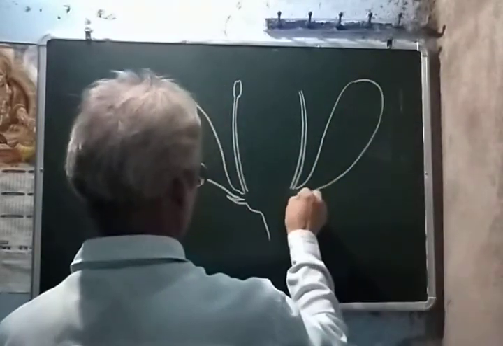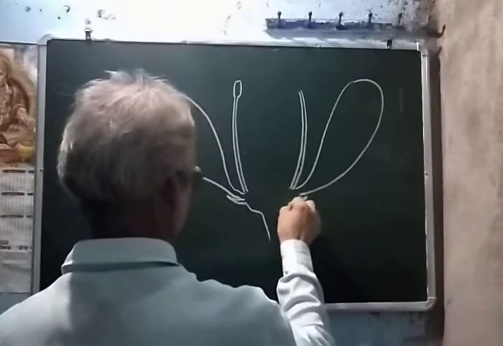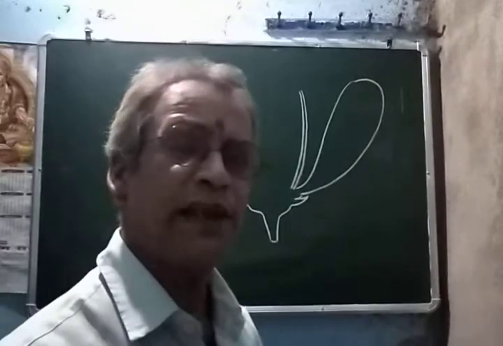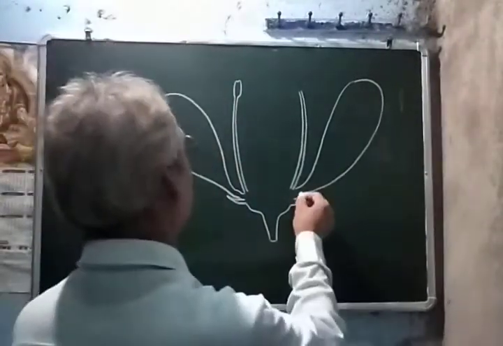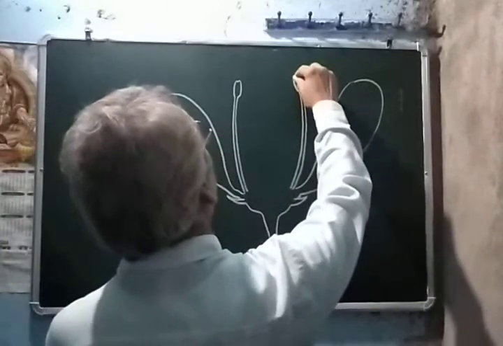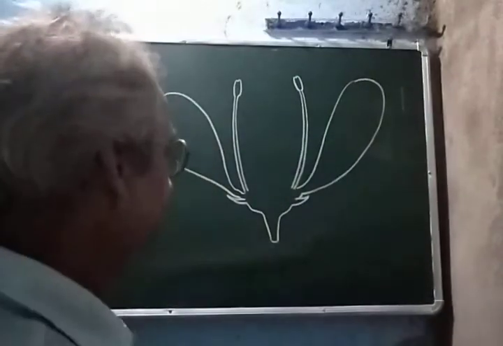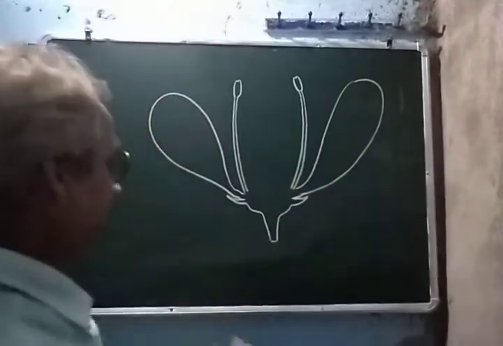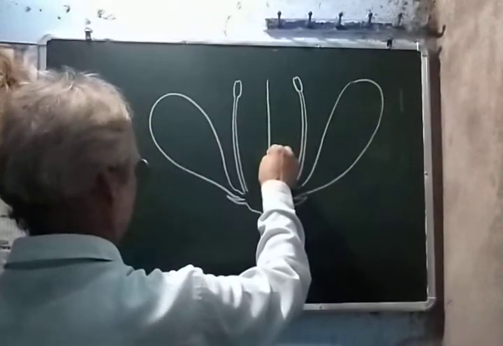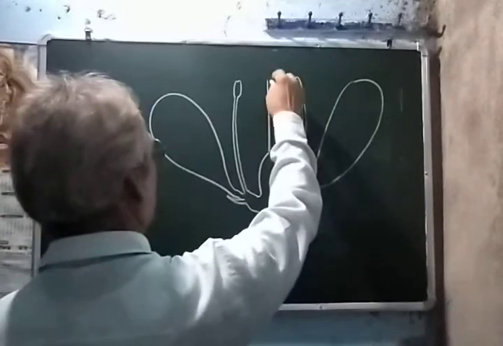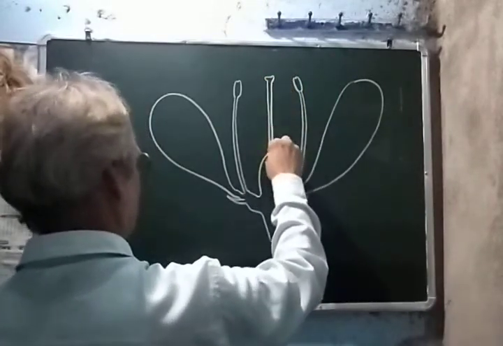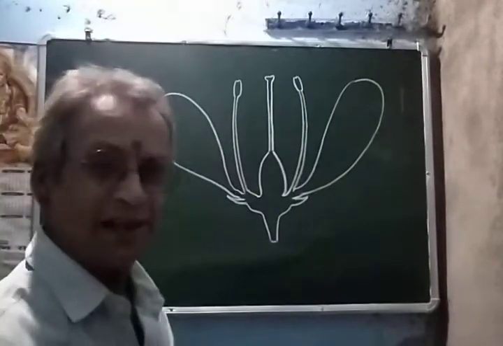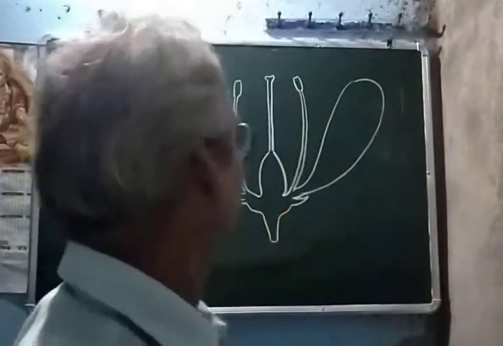A common bisexual angiosperm plant has the following parts. This is an angiospermic flower.